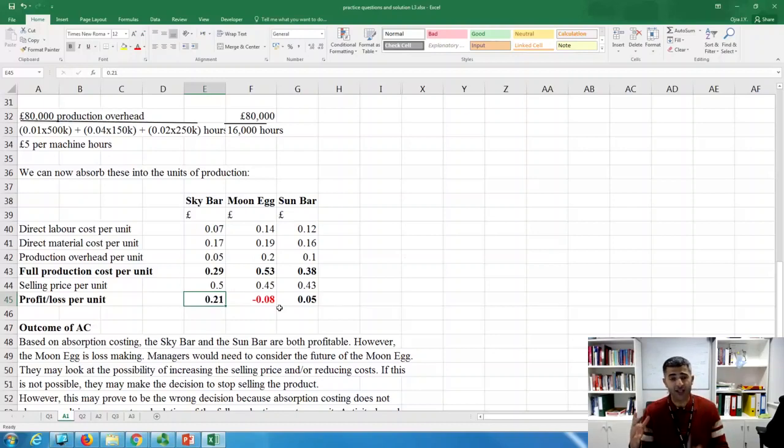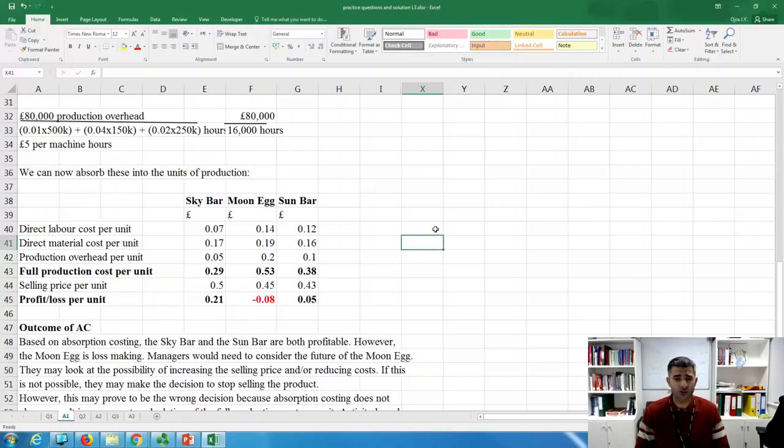Right, guys, this is how we calculate for the sky. Of course, these are absolutely the same procedures we follow for the moon and the sun. Now, if you look at the results as a management accountant or financial controller, what's your comment?